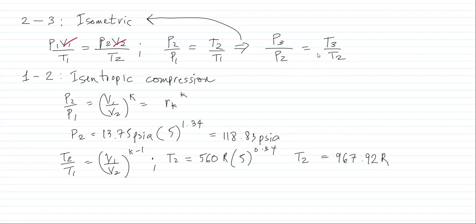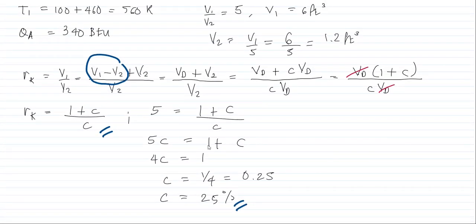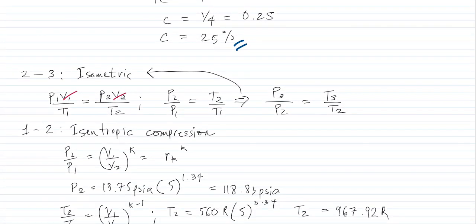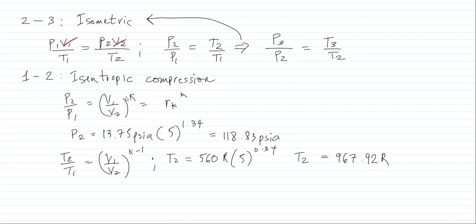We need at least one more value, either P3 or T3, to solve for either one. So let's say I can solve for T3. I think I can solve for T3 because I already have T2, and I will do that by considering the added heat at 340 BTU. So the added heat, so we will go back again.